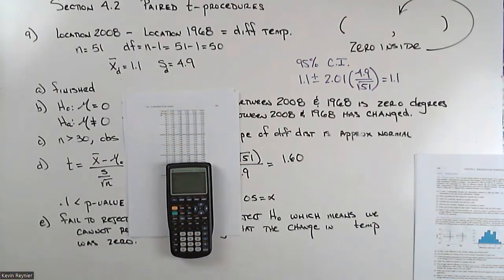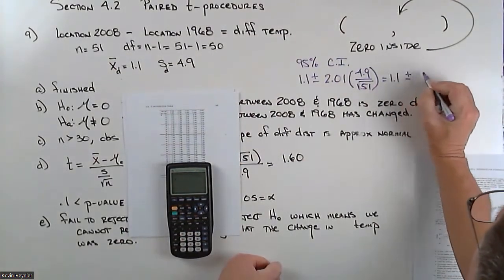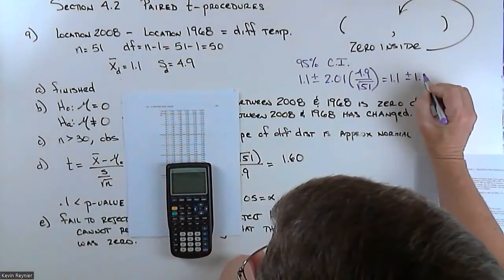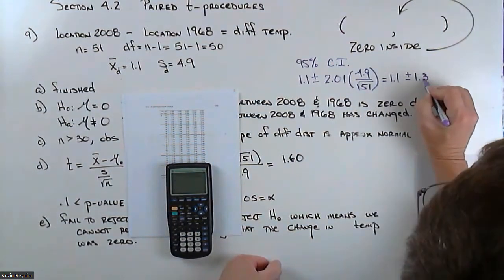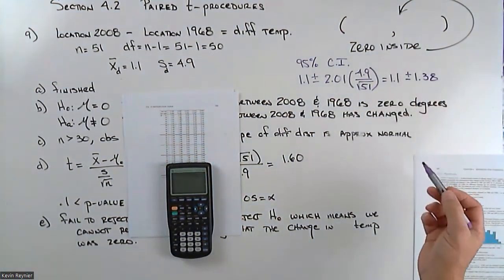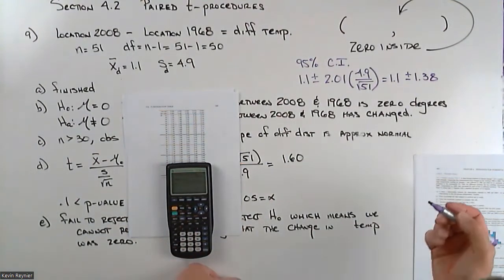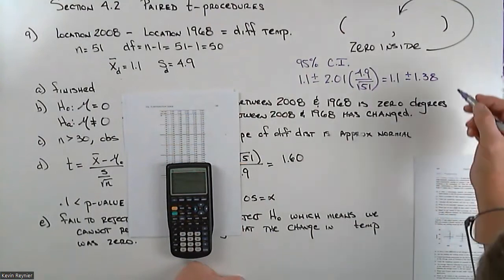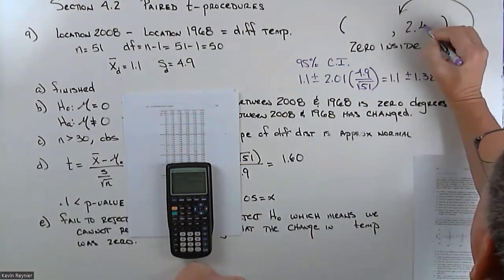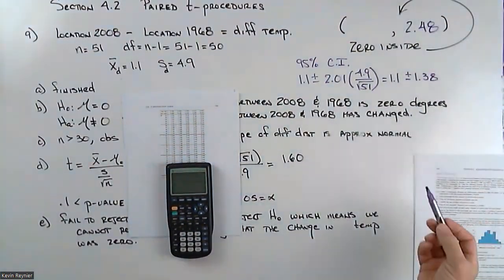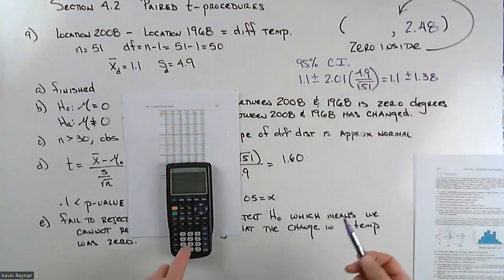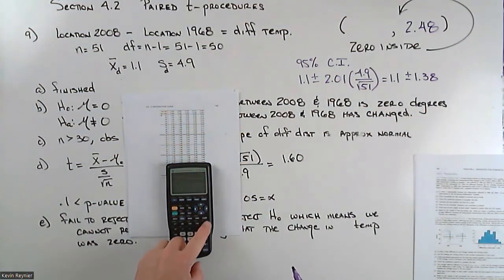That gives us a margin of error of 1.38. Now, if we take 1.1 plus 1.38, we get 2.48 as our upper bound. But if we take 1.1 minus that, we're obviously going to get a negative number. So the interval spans 0; zero is inside.